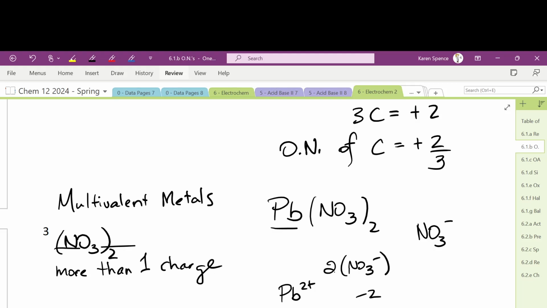Oh. What about sulfate? SO4. Do you know the charge of sulfate? Yes. Yep.